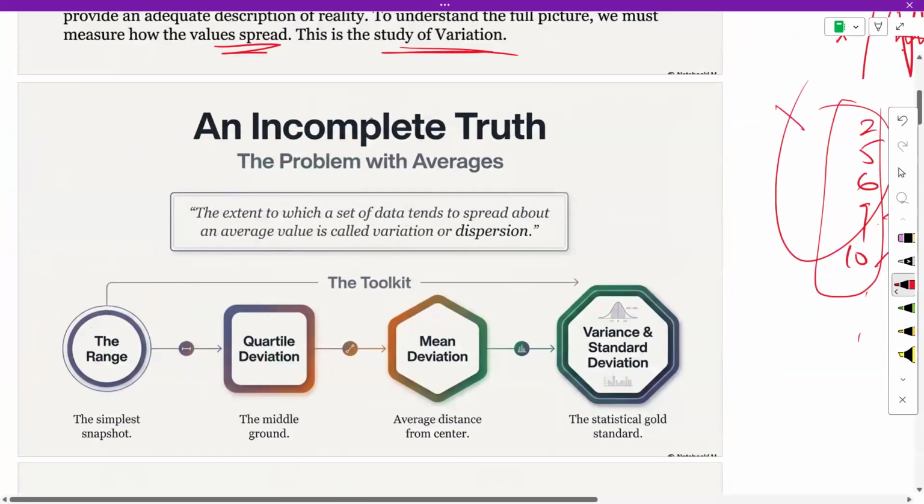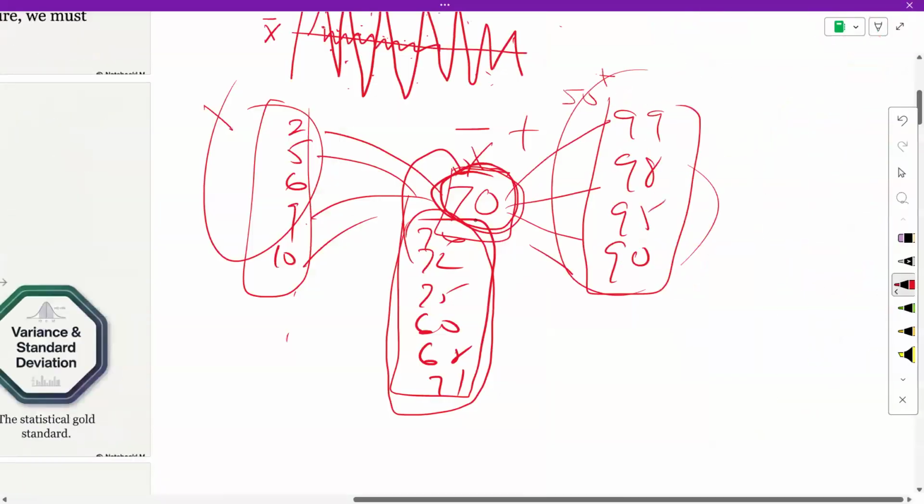The incomplete truth, the problem with averages. What are the problems with averages? The extent to which a set of data tends to spread about the average value is called the variation or dispersion. As I told you earlier, how far it varies, how far it spreads. You look at here.